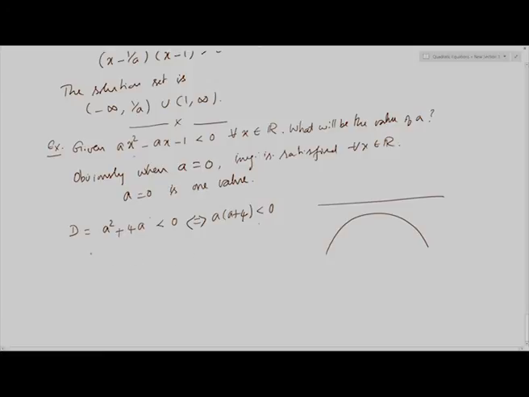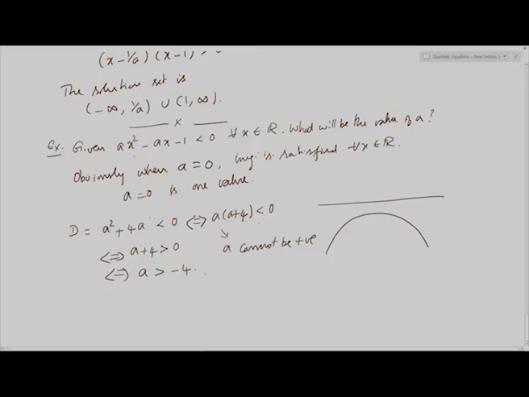Therefore, a is negative, and a plus 4 should be positive, which implies a is greater than minus 4, and a is negative. Remember, a cannot be positive because of this inequality.